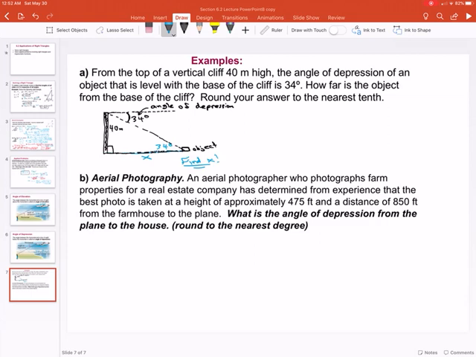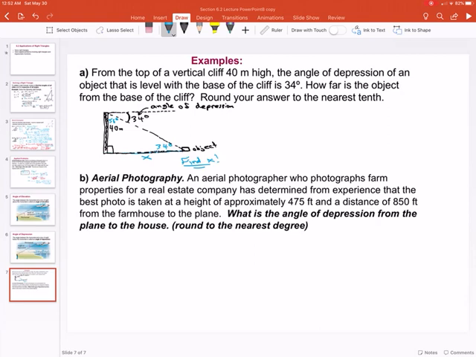We know that third angle is going to be 180 minus the sum of those two, 90 plus 34, which is 124. And then 180 minus 124 is 56 degrees, which would be this angle here. If you wanted to label it, we know that would be 56 degrees. You can add all three of those up, and we're going to get 180 degrees. So again, using a little bit of geometry, we can label in the rest of it.